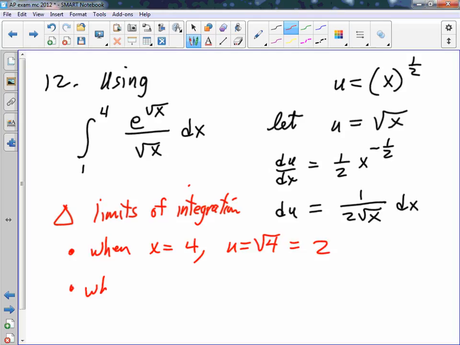And when x equals 1, and again, I'm just taking my old limits of integration here, plugging them into square root of x, my new u. When x equals 1, then u equals the square root of 1 equals 1. So now my new limits of integration are from 1 to 2.